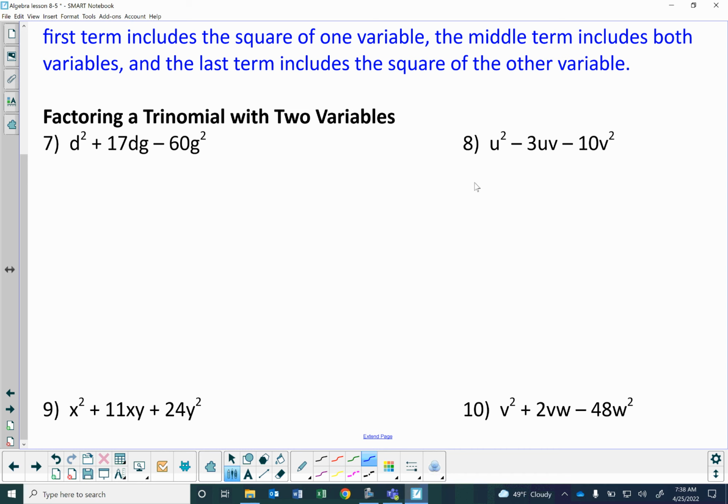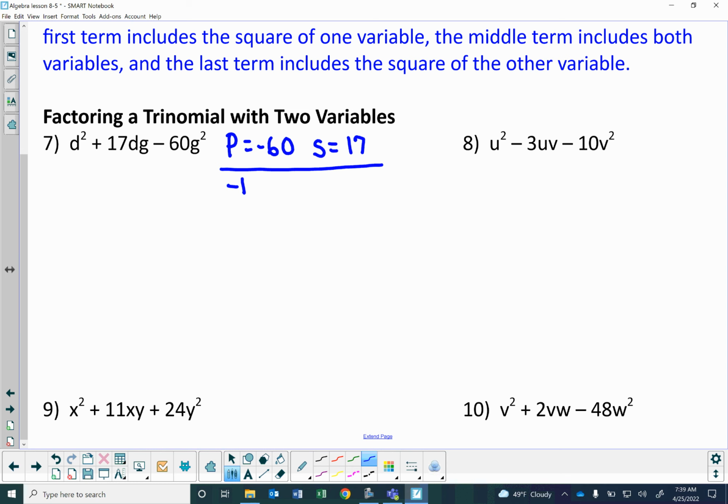Okay, we're still doing product sum the exact same way. We're just treating our variables slightly differently. So let's take a look at this. Let's factor d squared plus 17dg minus 60g squared. So I need a product of negative 60 with a sum of 17. So one factor has to be negative, one factor has to be positive, and the larger factor has to be my positive factor.